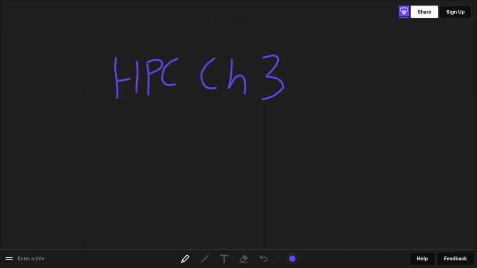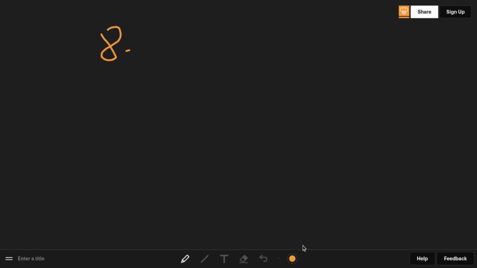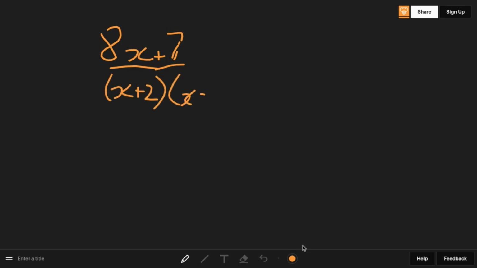Alright, so now this is Honors Pre-Calculus chapter 3 review. One of the things we'll go over is partial fraction decomposition, and this is how it works. Say I've got 8x plus 7 divided by (x plus 2) times (x minus 1).